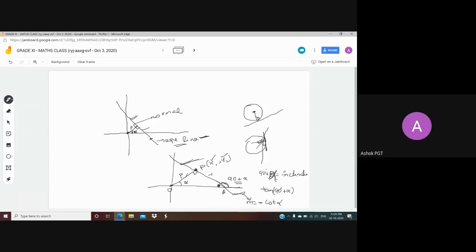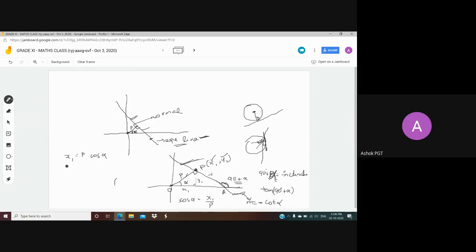You know that if this is the point P(x1, y1), based on the trigonometric concept, we can draw the triangle here. This length will be equal to x1 and this one will be equal to y1. If you calculate cos alpha, which is adjacent divided by hypotenuse, we can say the x1 coordinate value can be written as p into cos alpha.